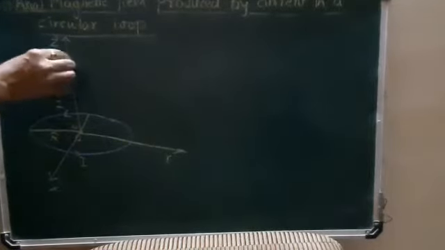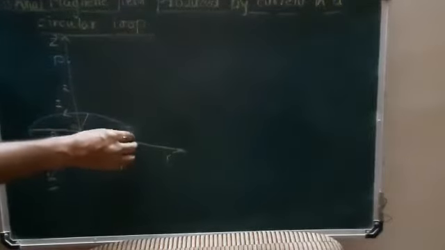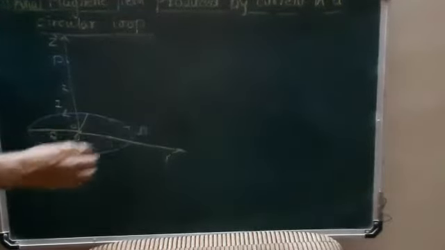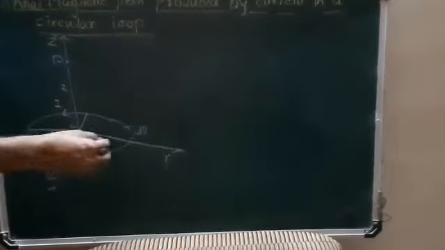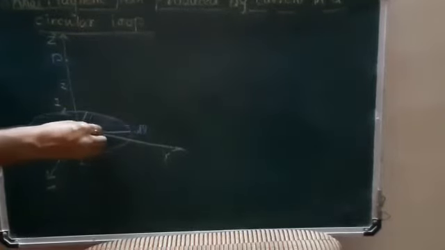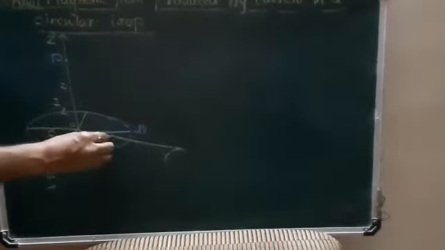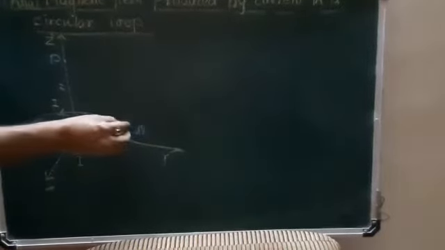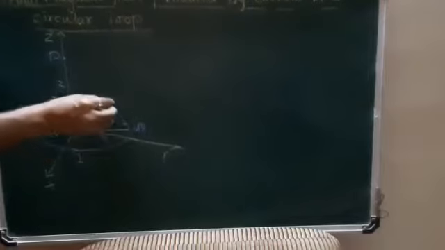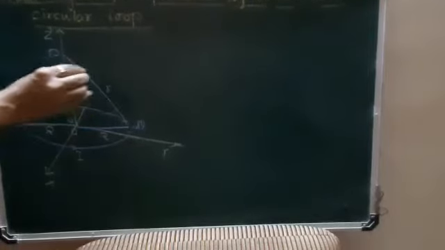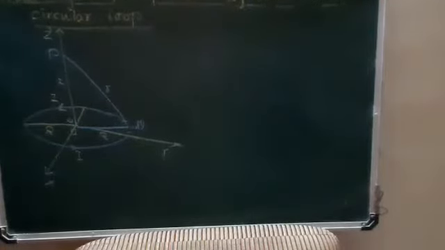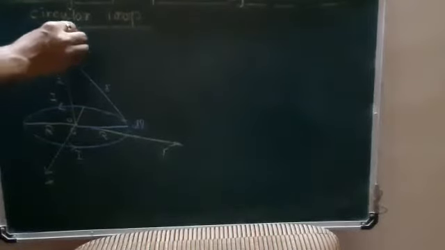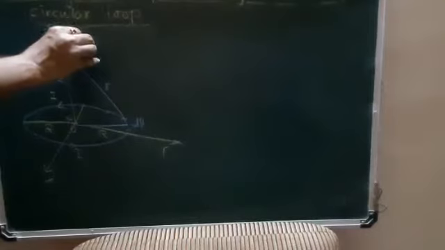To determine the magnetic field of induction, we consider a small element dl of this circular loop. This is at a distance capital R, that is the radius of this circular loop. This dl will be at a distance small r from this point P. We have to determine the magnetic field of induction at this point P, which is dB.